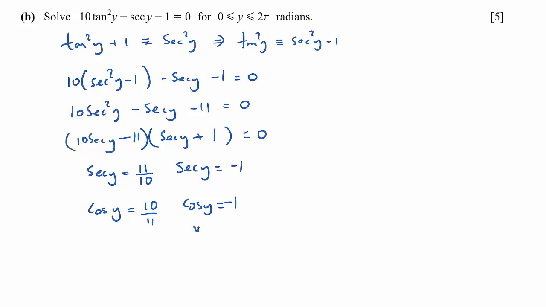And there's only one of those between 0 and 2 pi. The cosine is -1 when y is pi, 180 degrees. And the other one we're going to need to solve.